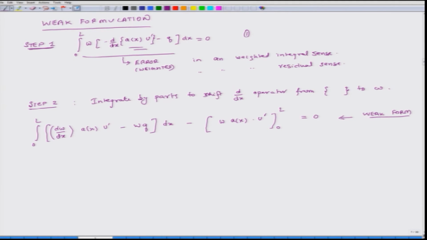So, we will make some important comments here. First, if we use this weak form, differentiability requirements on u get reduced. The second important thing to note is that we also get boundary terms. This is the boundary term.